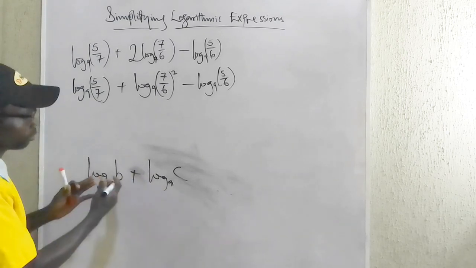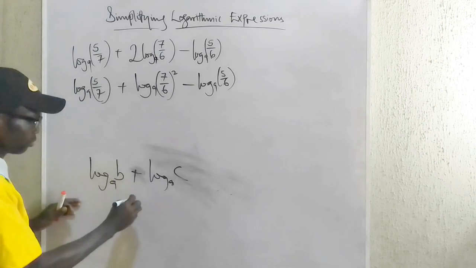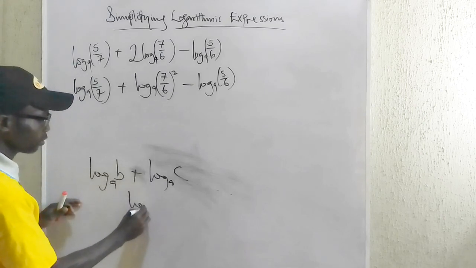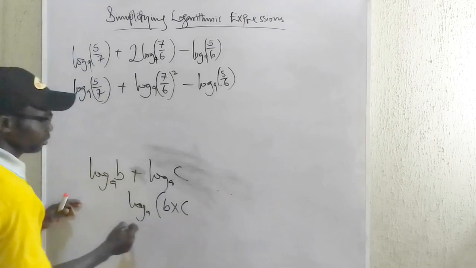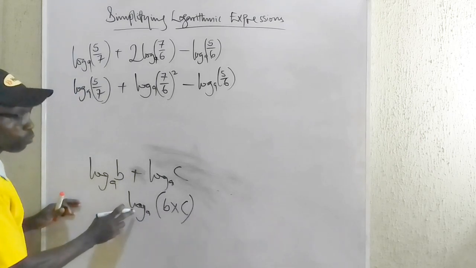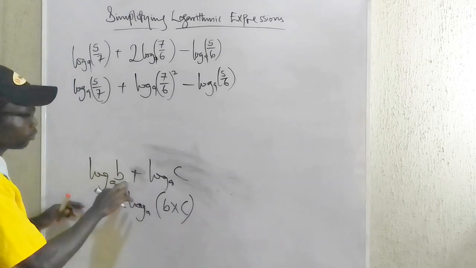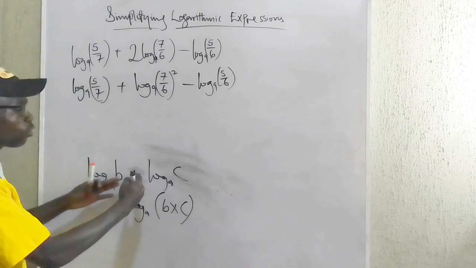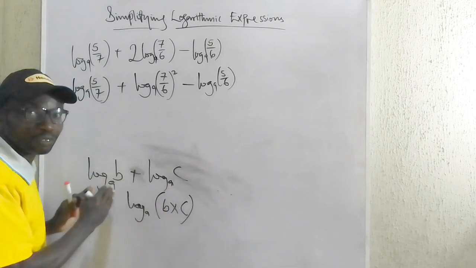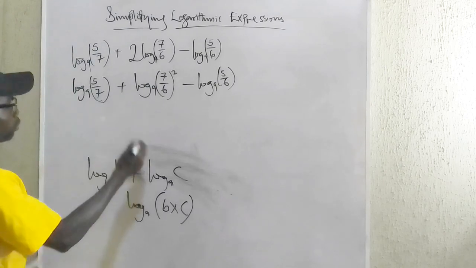By the time you bring them together, it's no longer going to be a plus, it's going to be a multiplication sign, like log in base a of b times c, because you're using one logarithm sign to support both of them. This is going to be this multiplied by this. But when the log signs are attached to each one of them, it's going to be a plus. So by this rule, we'll bring this back.